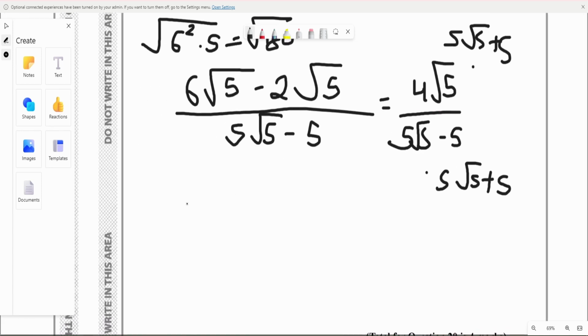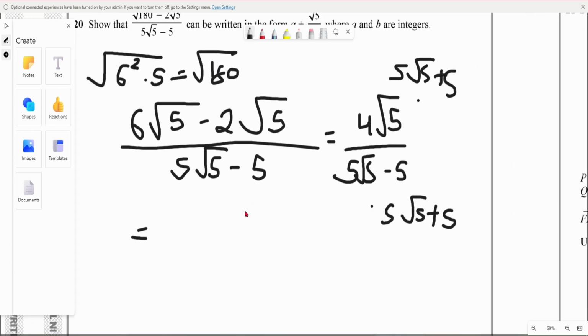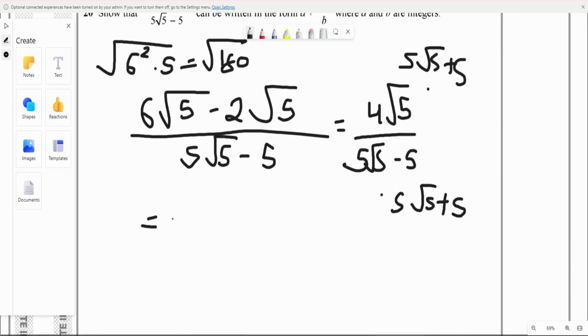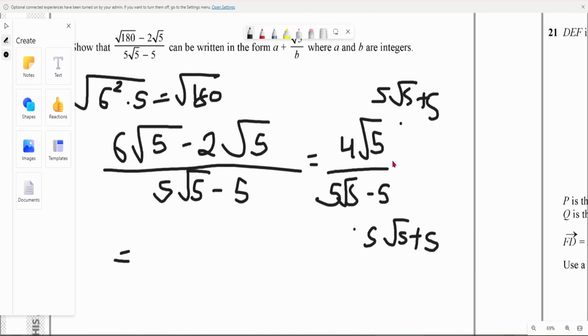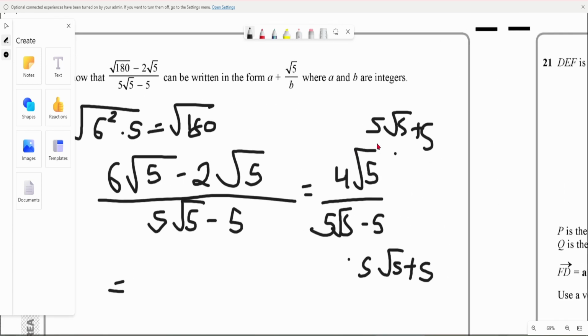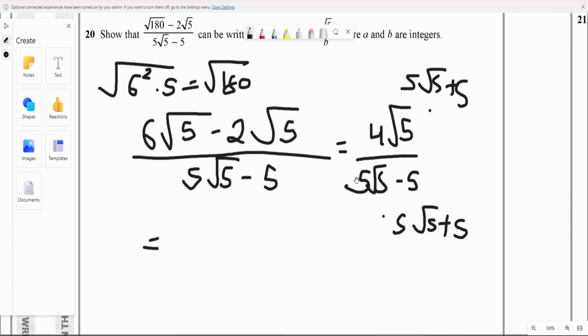Next thing we're going to get is 20. So we're going to get 4 square root of 5 times 5 square root of 5 plus 5. We have the same numbers inside here and here, so we just times them together, which gives us 25. The square root of 25 is 5. So in short, we're going to get 20 times 5, because we did 4 times 5, plus 20 square root of 5.